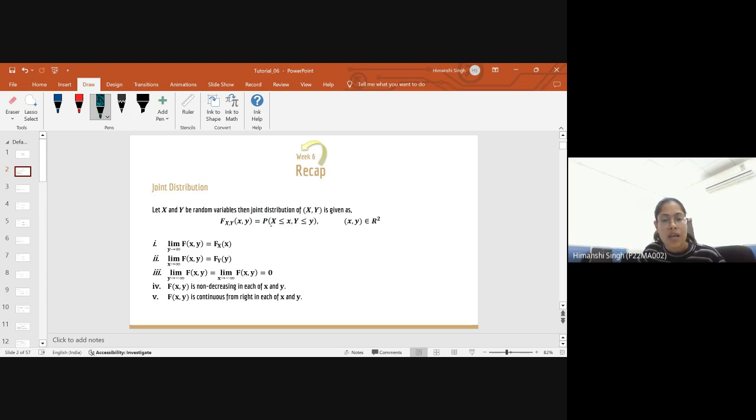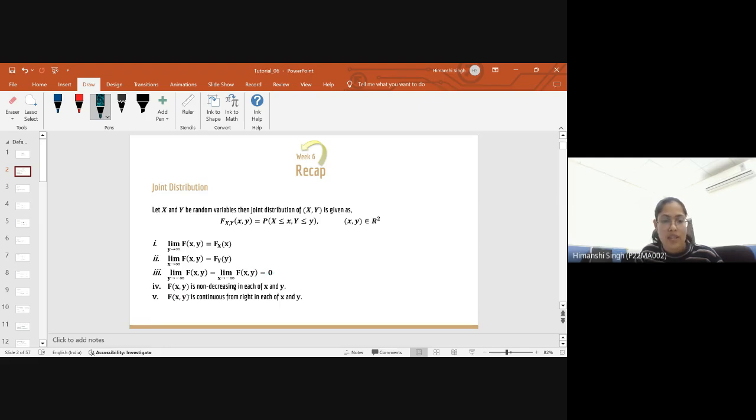and it has some properties: if y tends to infinity, F_XY will go towards F_X(x). And what F_X is we will discuss further. If x tends to infinity, this joint distribution will go towards F_Y(y). If y tends to minus infinity, or if x tends to minus infinity, F_XY goes to 0.